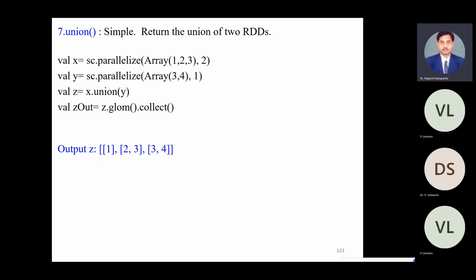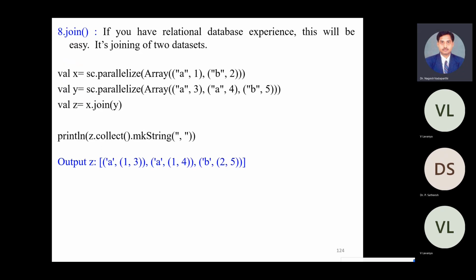That's why I'm getting these values first. So x is one set, and 2 comma 3 is another set, and 3 comma 4 is another set. So union, no need to use the redundant values. Whatever the values are there, it will give the output union. It returns two RDDs.